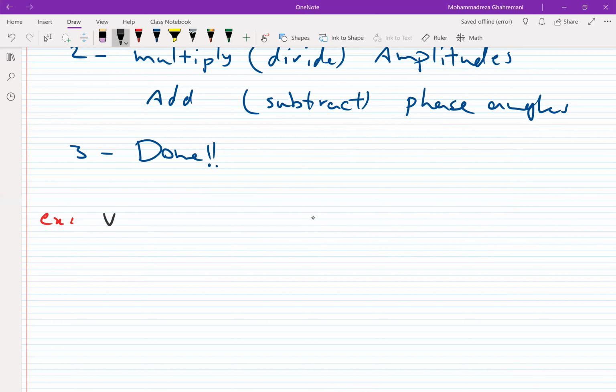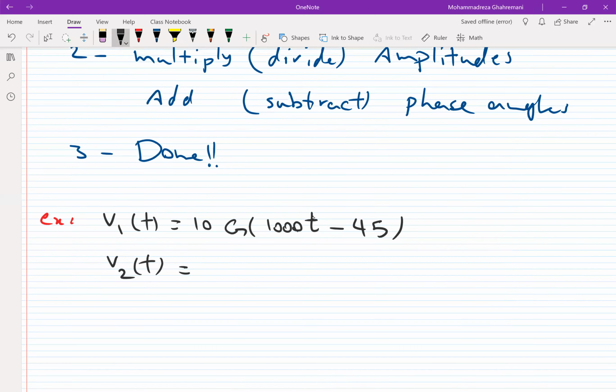We have these two signals. V1 of t is 10 cosine of 1000 t minus 45, and we have V2 of t, which is equal to 5 cosine of 1000 t plus 30.